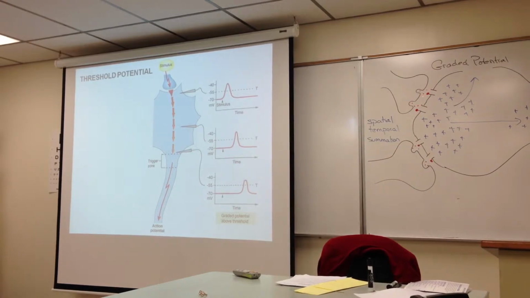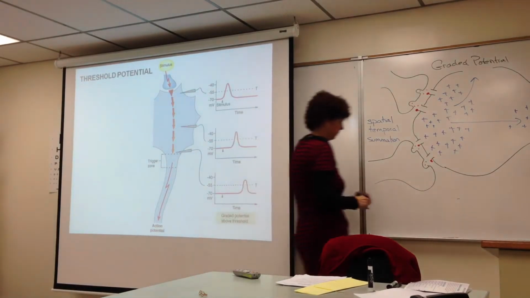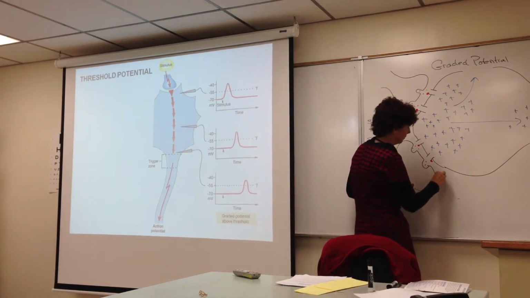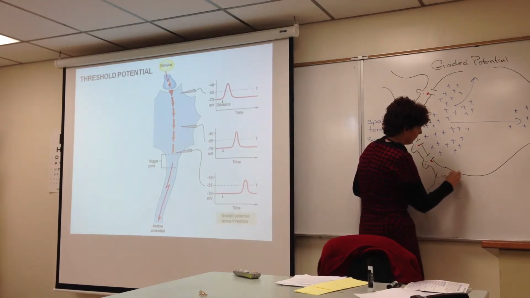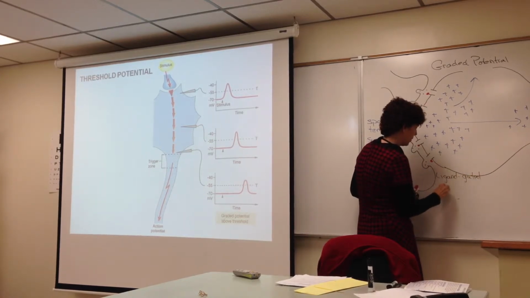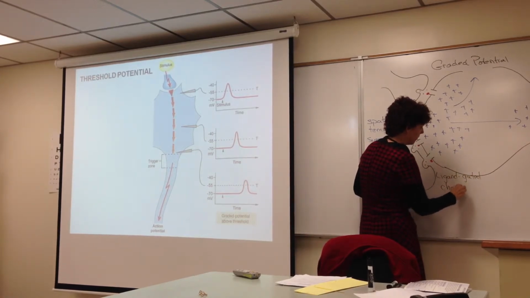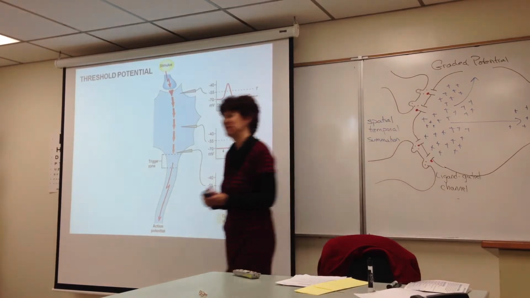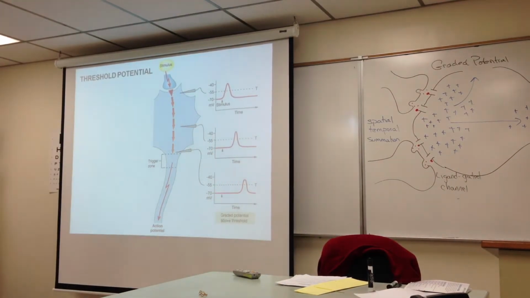Ligand-gated channels have opened. I suppose I could also label those. And a graded potential is spreading through the cell. Now in this case, it's strong enough to result in an action potential.